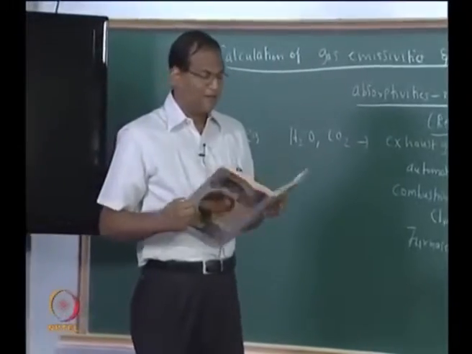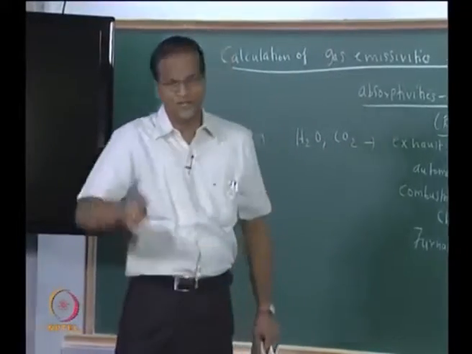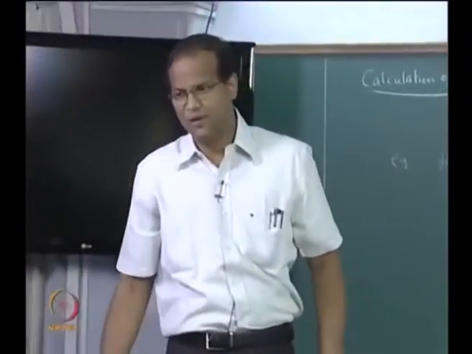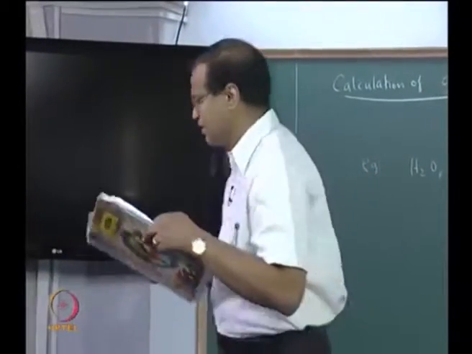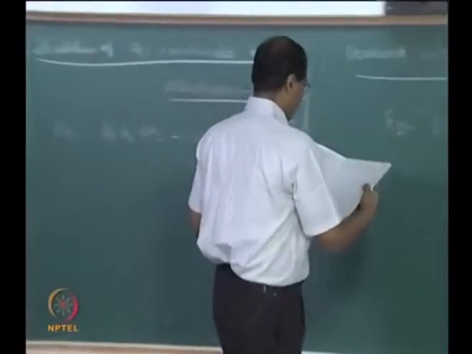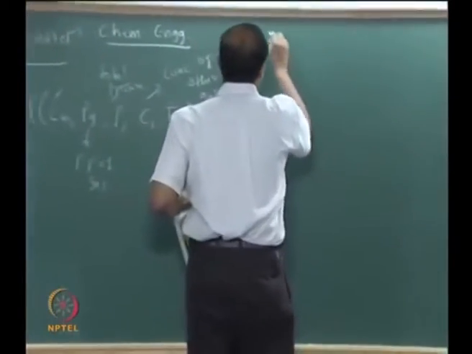Now principally we are considering two gases, as please look at your charts. So we will have both carbon dioxide and water vapor. Now we will start with carbon dioxide.